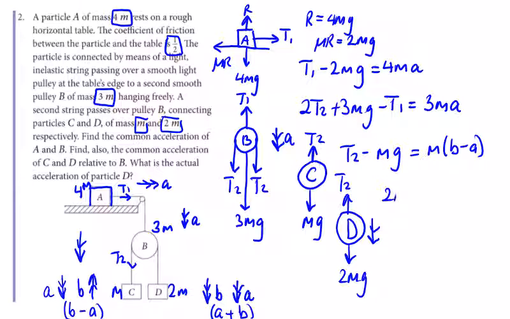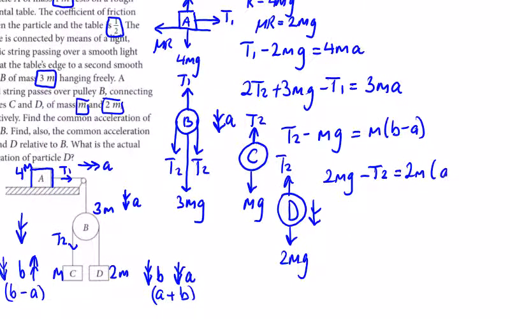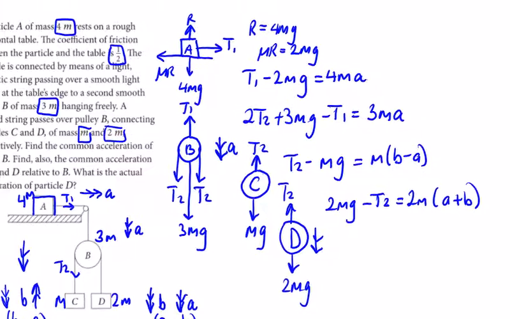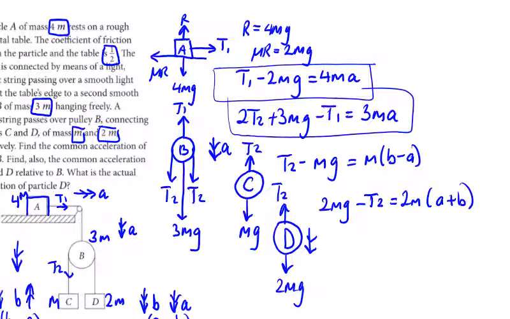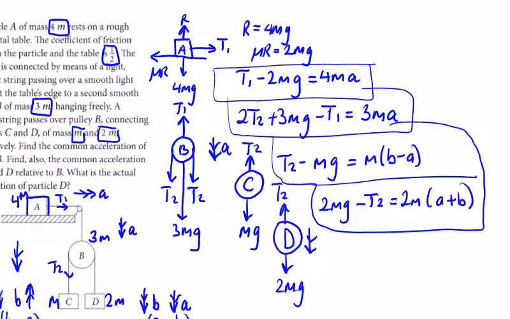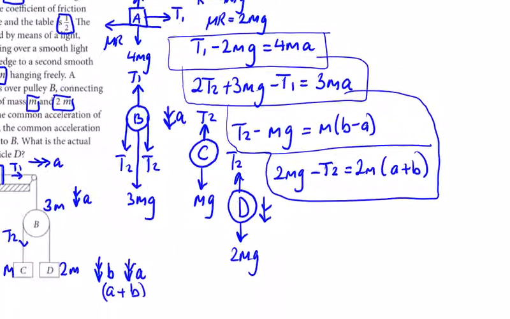So we're looking at 2mg minus T2 is equal to the mass, which is 2m, times A plus B. Now, if we can solve for A and B, I've got my 4 equations here. I'll just box them to make them stand out a little bit. 1, 2, 3, 4.